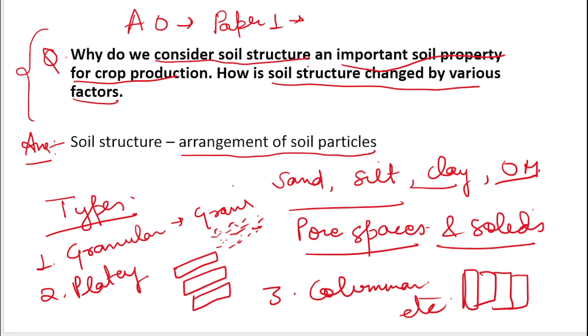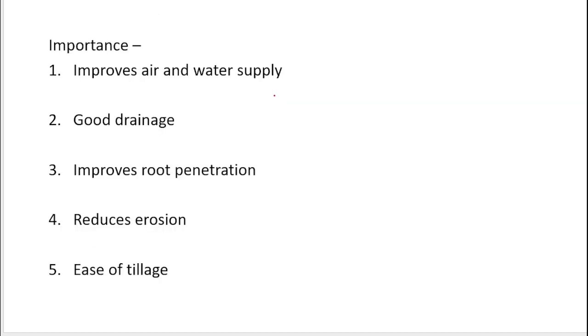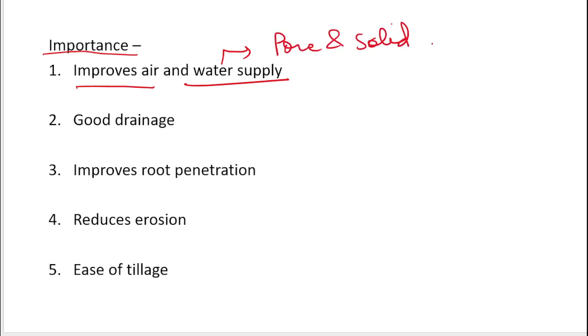Why do we consider soil structure an important soil property for crop production? So what are the importance of soil structure that helps in good crop production? First of all, it improves air and water supply. एक गुड सॉइल स्ट्रक्चर में, जिस सॉइल स्ट्रक्चर में पोर्स एंड सॉलिड्स की प्रोपोर्शन अच्छी होगी, it will have good air and water supply.